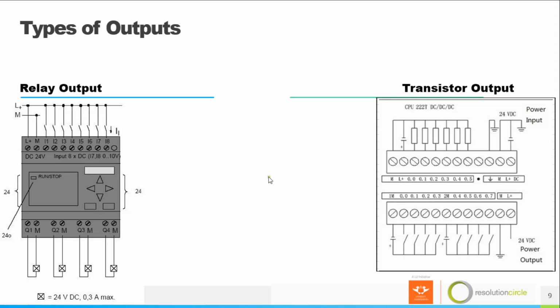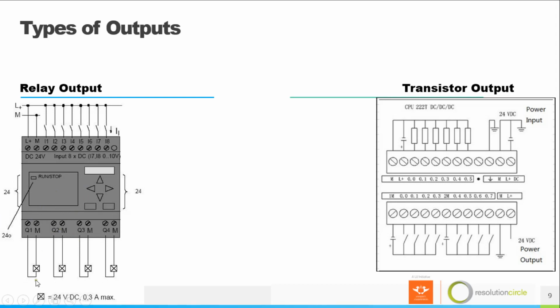Before you can wire any PLC, you must know if that particular PLC has relay outputs or transistor outputs, because your wiring will be based on that knowledge. Some PLCs have both relay and transistor outputs.